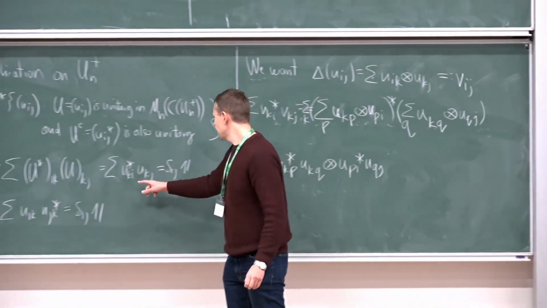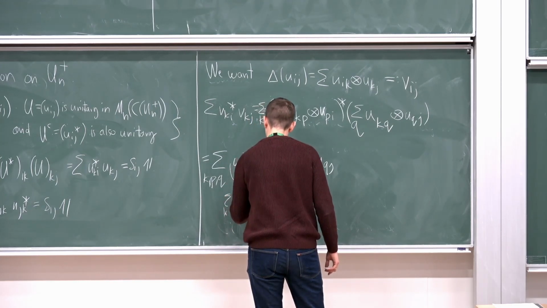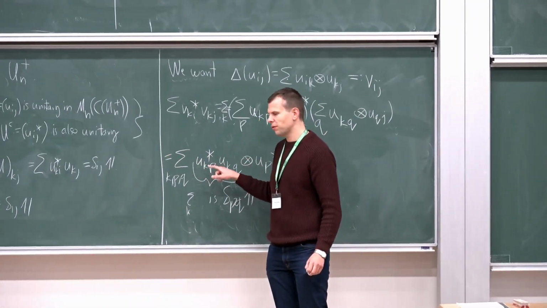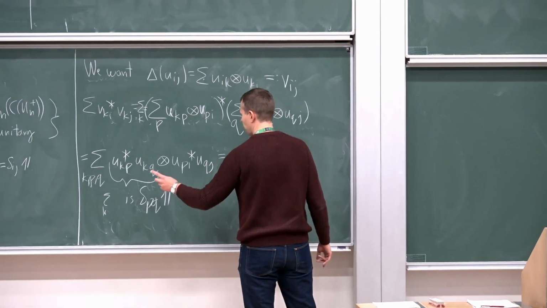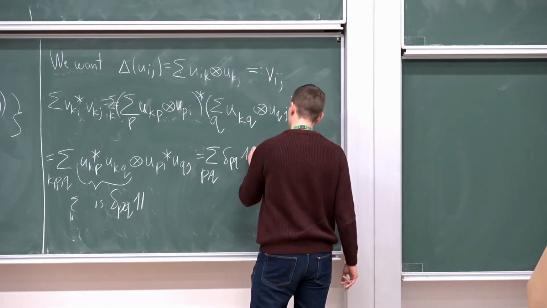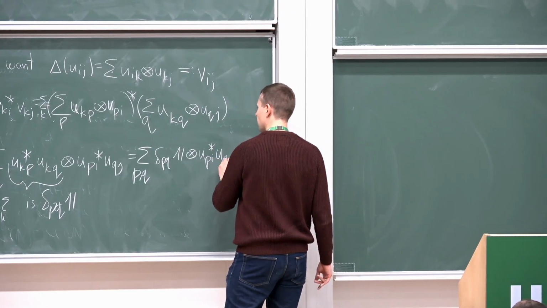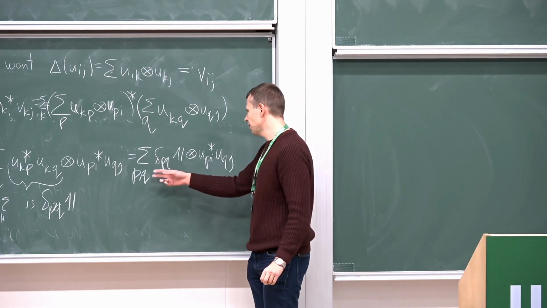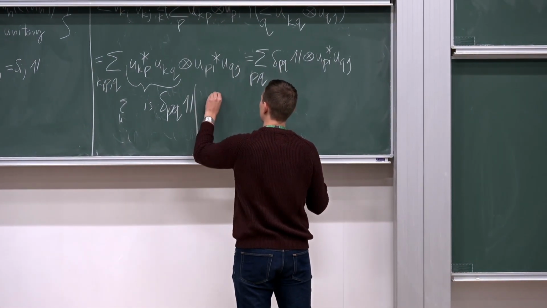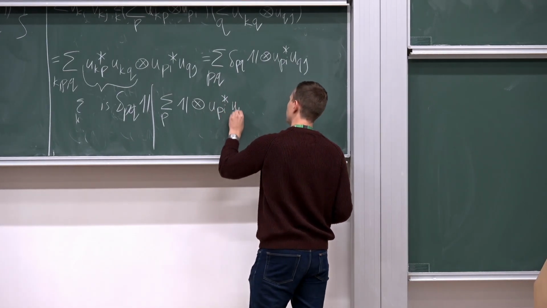This is delta_pq times identity, the original defining relation of U. Now we have the sum over p, q left: delta_pq 1 tensor u_pi star u_qj. Delta_pq means that p and q are the same, so we equate these indices, and the sum is over a single index, 1 tensor u_pi star u_pj.